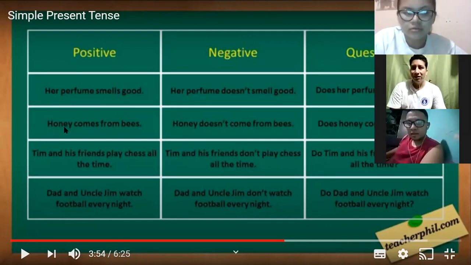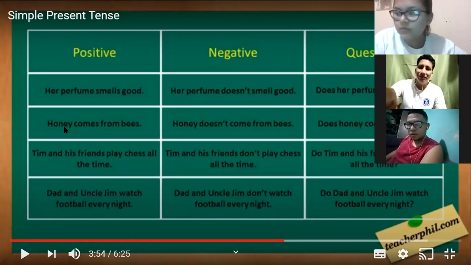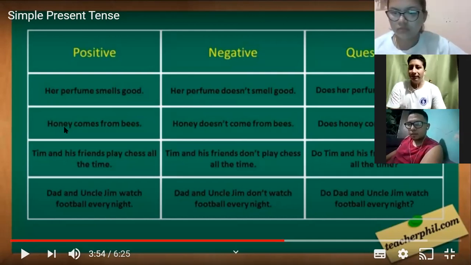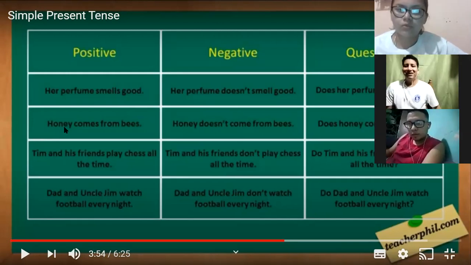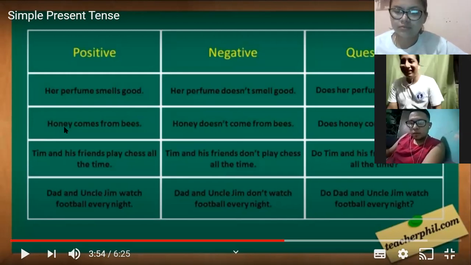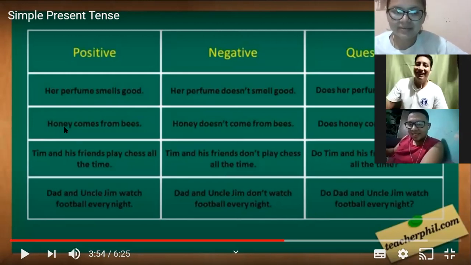Oh, but in this case, we're not talking about that. Miel. Okay, yes. We are talking about Winnie the Pooh's favorite food. So that's an it. Right? Does honey come from bees?